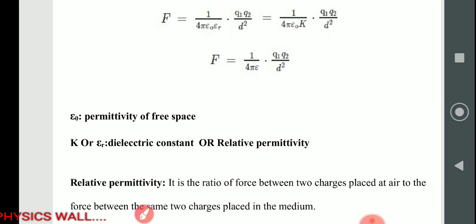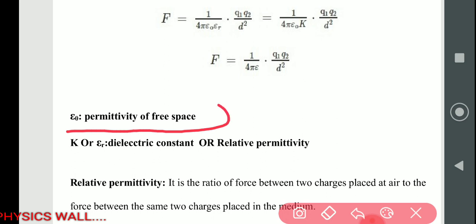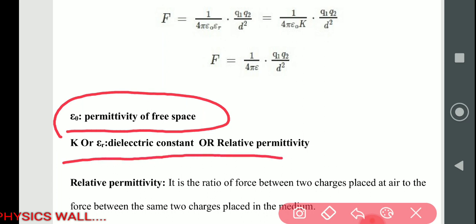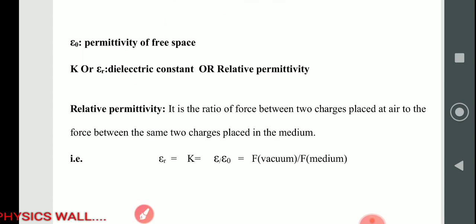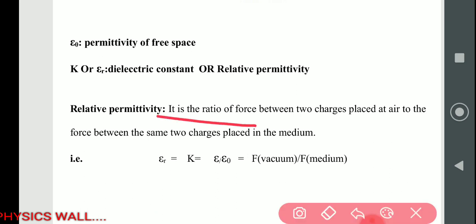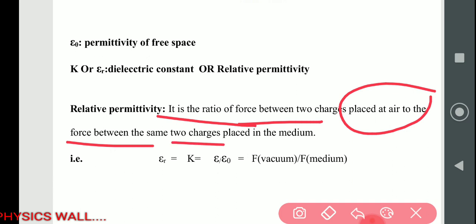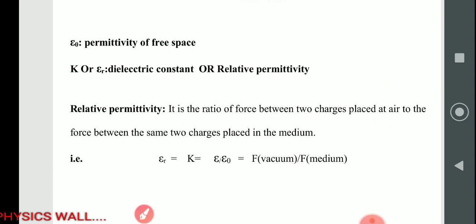Here, epsilon naught is called permittivity of free space. Epsilon R or K means dielectric constant or relative permittivity. What is relative permittivity? It is the ratio of force between two charges placed in air to the force between the same charges placed in a medium.